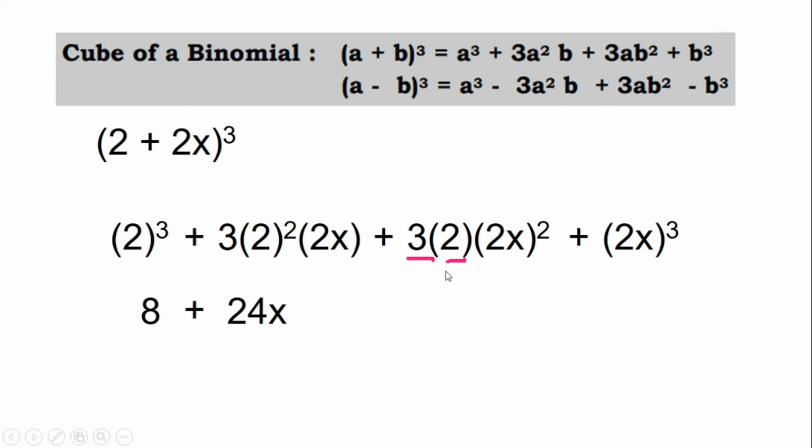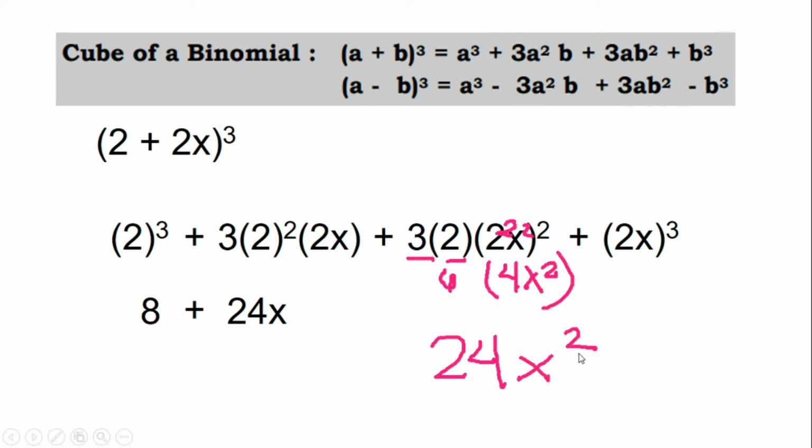And then in this part, kasi naka-square siya, so si 2 naka-raise din siya kay 2, si x naka-raise siya kay 2. So 2 times 2, that's 4. And then x squared. So meaning to say, 6 times 4, that's 24. And then x squared. So we have plus 24x squared.